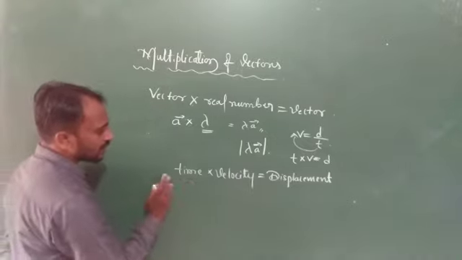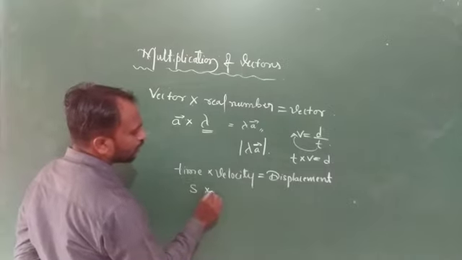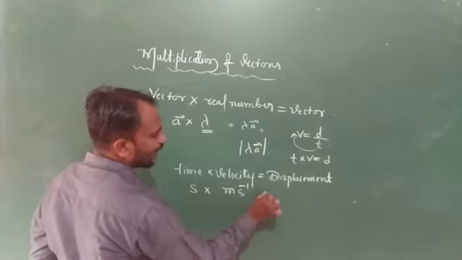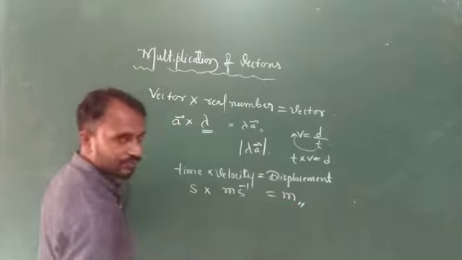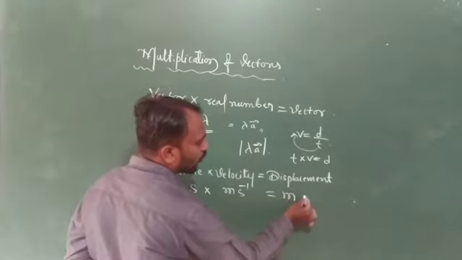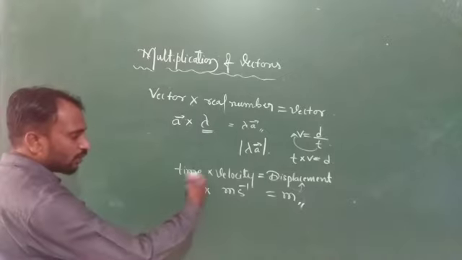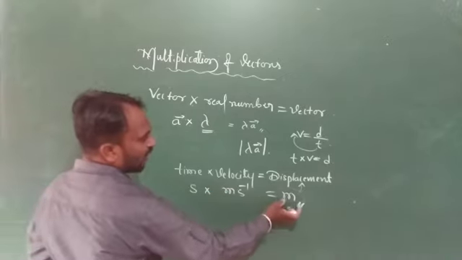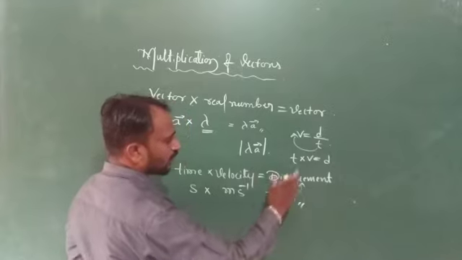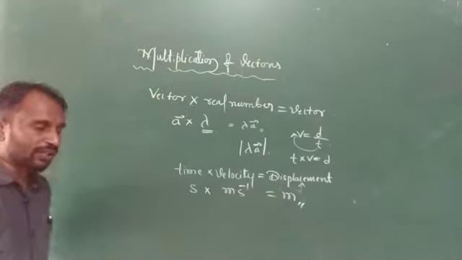So second into meter per second gives meter. Multiplying with the units, finally we get one unit, so this is a vector quantity.